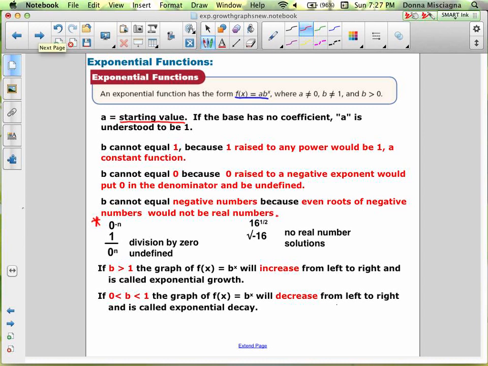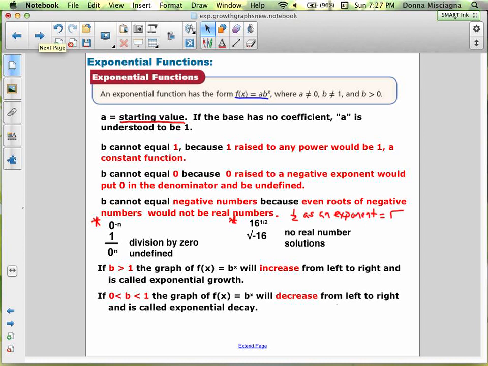So for instance, if we had 16 to the 1/2 power, we know that 1/2 as an exponent equals the square root. And the square root of negative 16 is not a real number, it is a complex number, and no complex numbers for exponential equations.